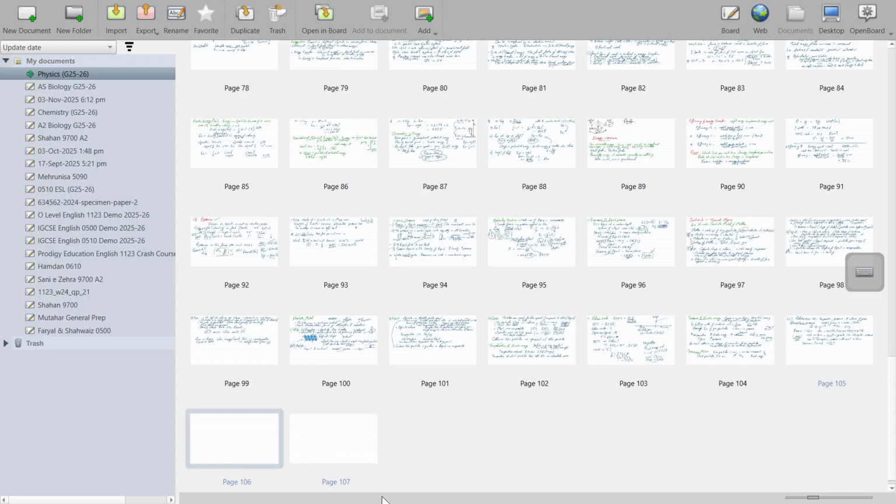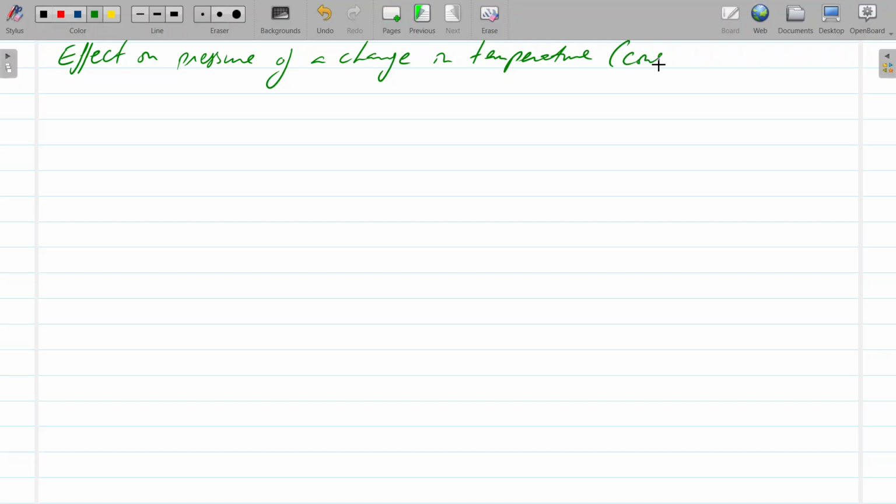So we're going to talk about the effect on pressure of a change in temperature while keeping a constant volume.